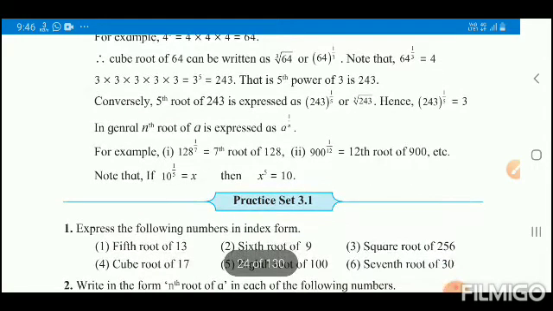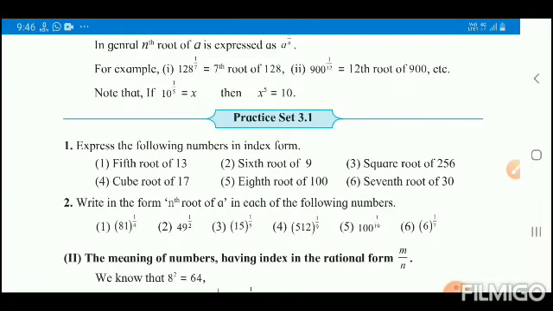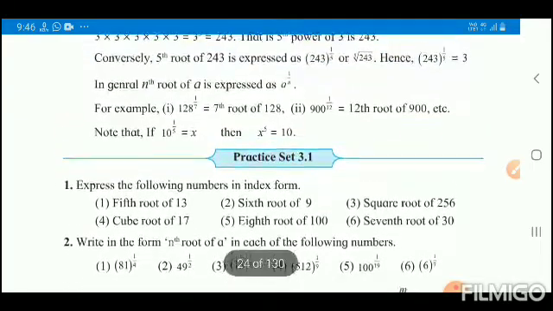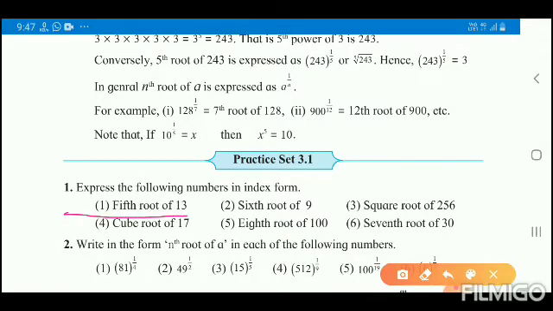Okay, understand this? Now from your practice set they have given the questions. The first question is: express the following numbers in index form. Okay, the 5th root of 13, you have to write it in index form. How to write? Look here, they have given, the same way you have to write it. The 5th root of 13 means 13 raised to 1 upon 5.